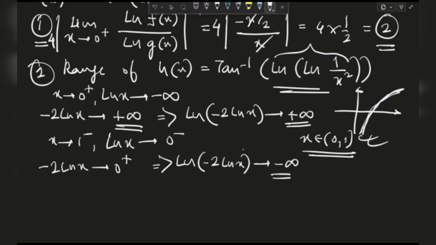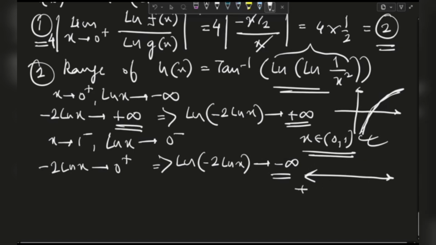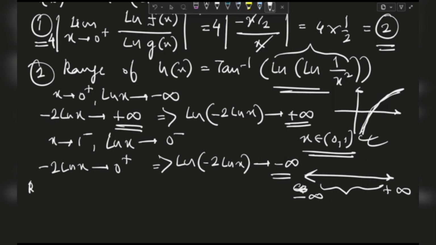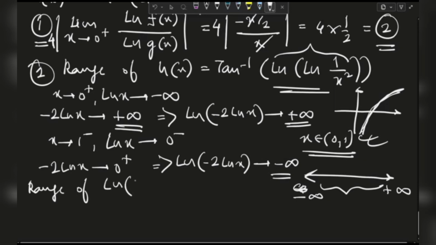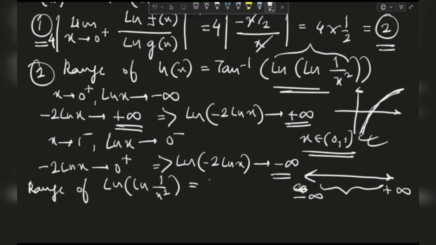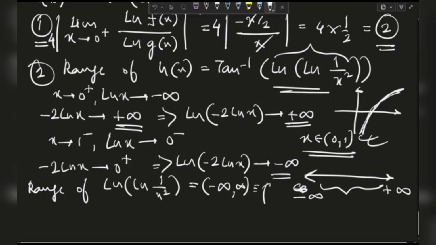So the range of this inner function is actually covering the entire number line, from minus infinity to plus infinity. So the range of ln 1 by x square is minus infinity to infinity, or you can say all real numbers.